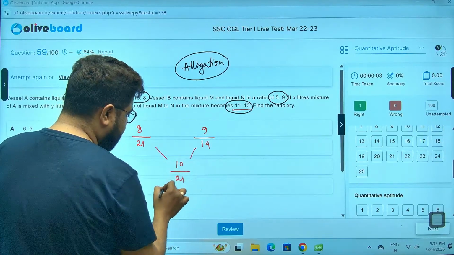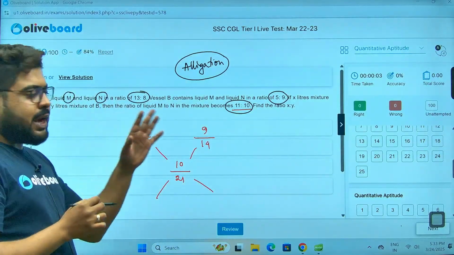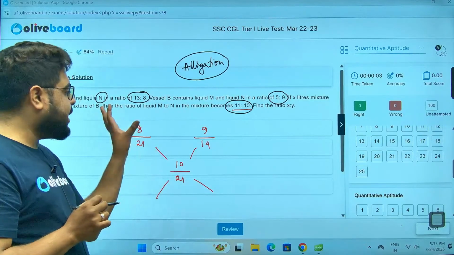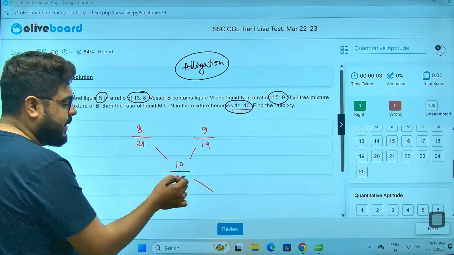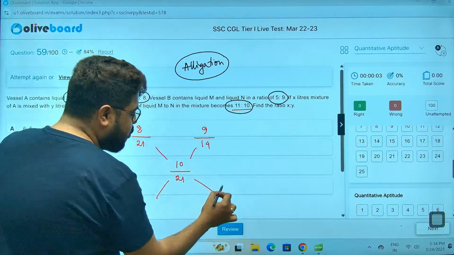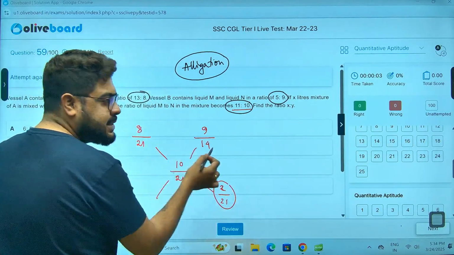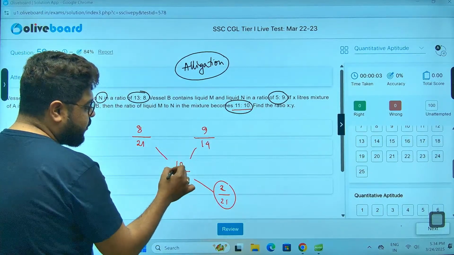Apply allegation. Now, if you want, you can multiply the values with the LCM of 14 and 21 to get the values better. Rather, it is very simple to calculate because all are very easy. You see, this is 2 by 21. We do not need any calculations for this because this is the same. And this you can just multiply: 2 times 14, 3 times 14, which is 42.